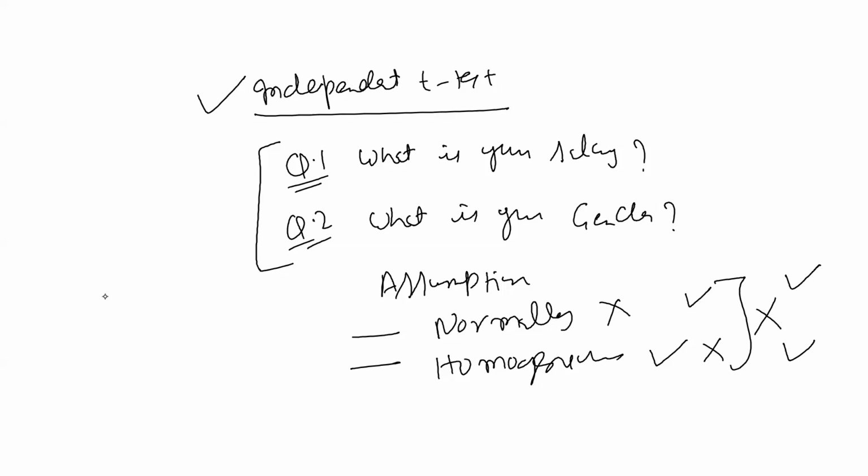If my data is not normally distributed and not homogeneous, then what should I do? Am I wrong? No, you are not wrong. If your data is not normally distributed, then as the equivalent of the independent t-test we can apply the Mann-Whitney U test.